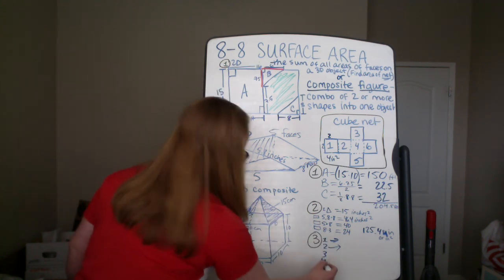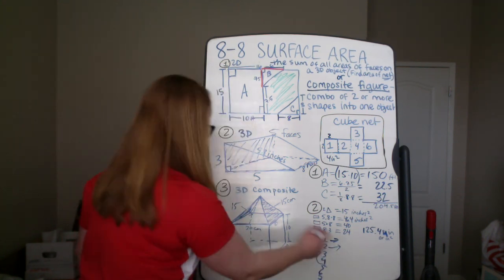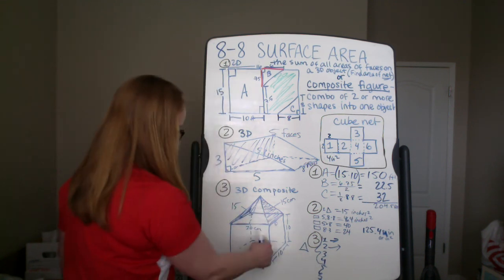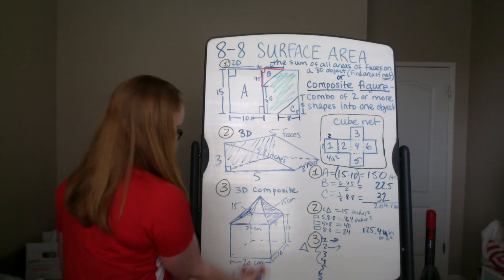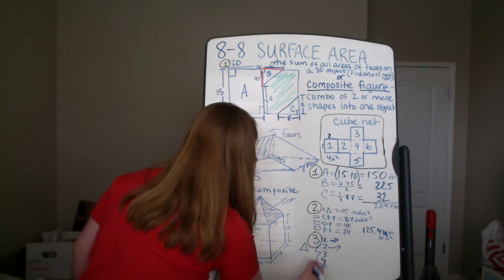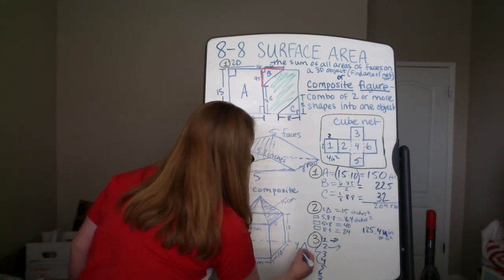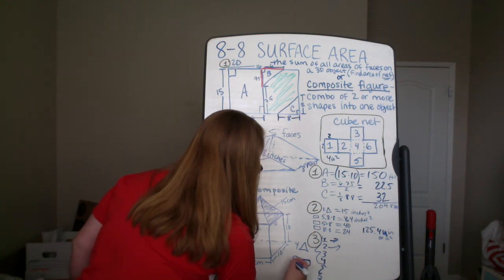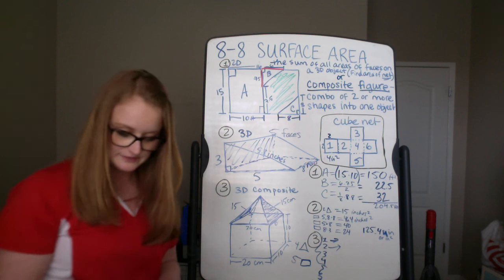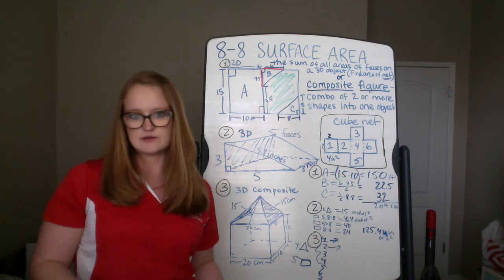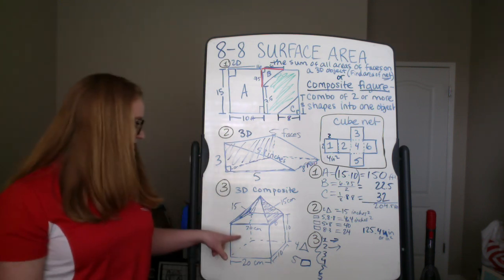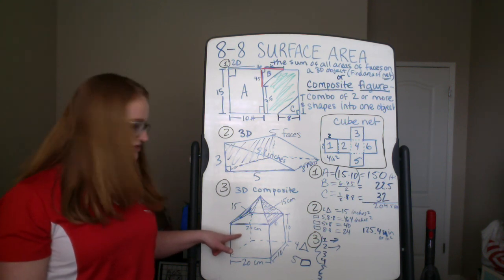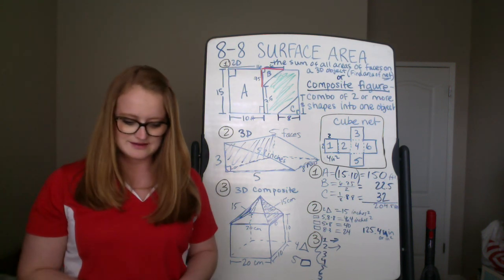The first 4 that you do would be triangles, and then you'd have 4 triangles that you're finding the area of and 5 rectangles that you're finding the area of, and then you'd have to add them all up. So if you pause the video right now, test yourself, see if you can calculate the surface area of this composite shape, and then I'll tell you the answer.